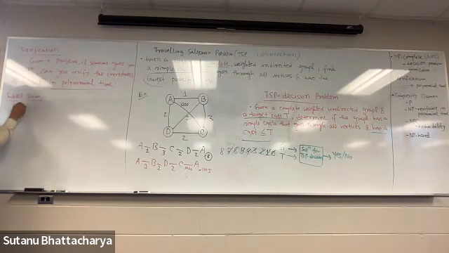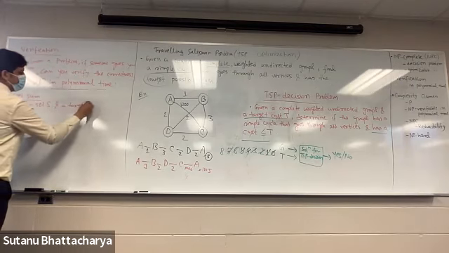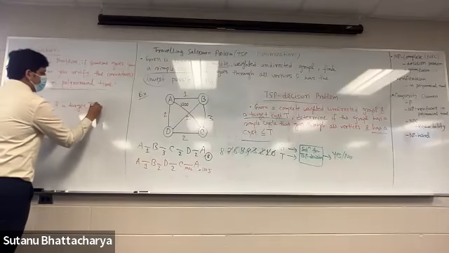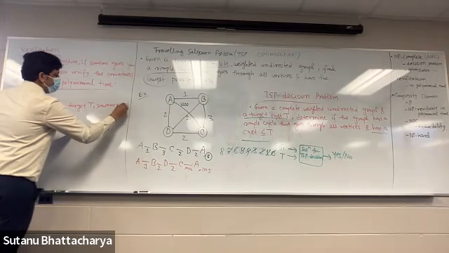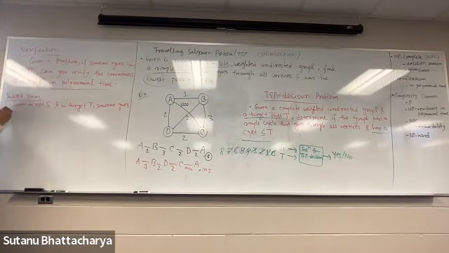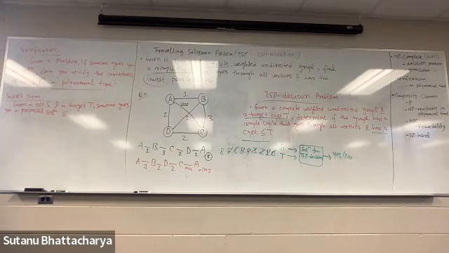So given a set S and a target T, someone gives you a proposed solution S dash. So for subset sum, what are the things which are given?